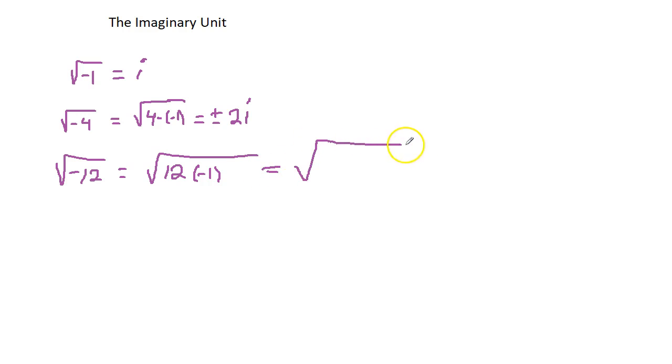Okay, well, let's try another one. What if I were to take the square root of, let's just say, -12? I could define this as square root of 12 times -1, which I could also rewrite even further, as 12 is 4 times 3 times -1.